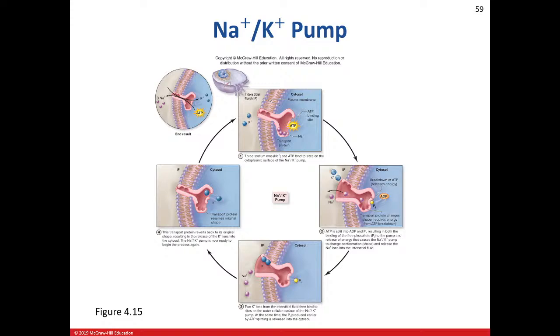That's going to cause a change in shape of the protein, which pushes the three sodium molecules out. Then two potassiums come in, bind to it, and the protein goes back into its normal shape, which pushes the two potassiums into the cell. So the key takeaway from this is that three sodiums are being pushed out for every two potassiums brought in.